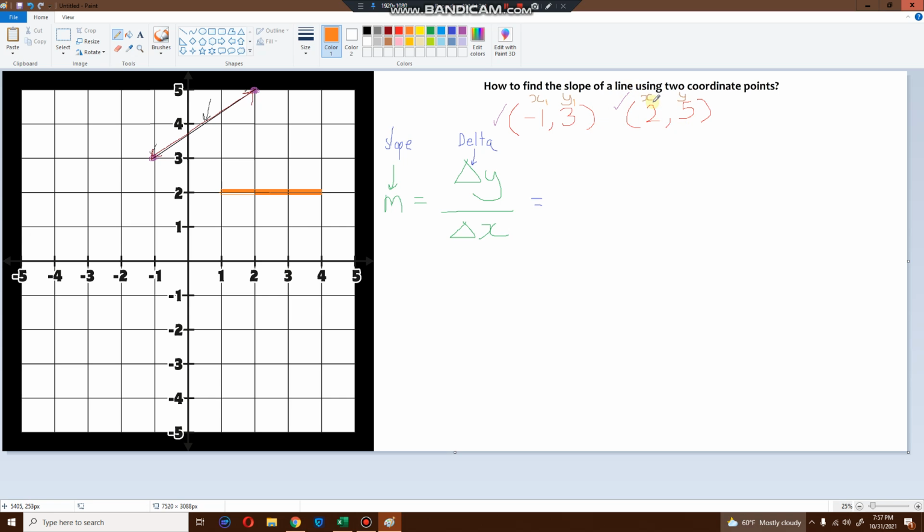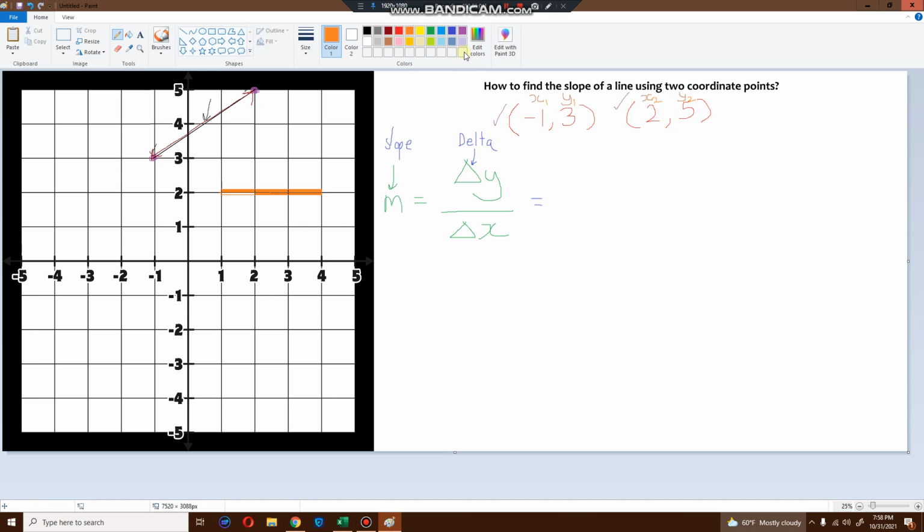The number 2 is an x value, so to make it different from x1, I'm going to call it x2. And here, the 5 is a y coordinate. I'm going to differentiate it by calling it y sub 2. And that's how I differentiate between the two coordinate points. Otherwise, I'll have no idea what to do with all these numbers.